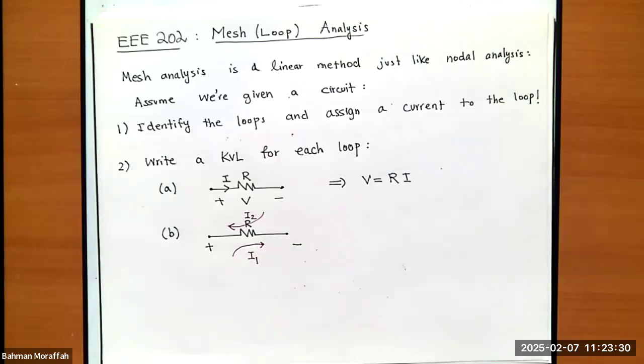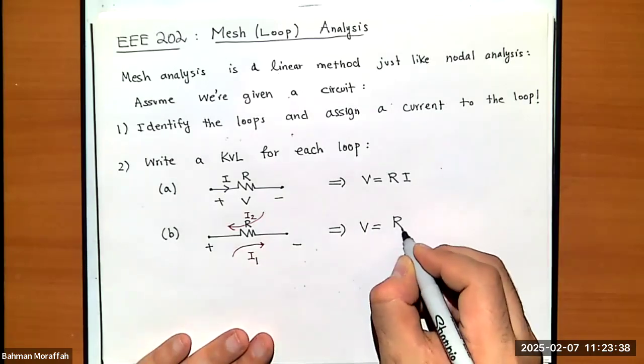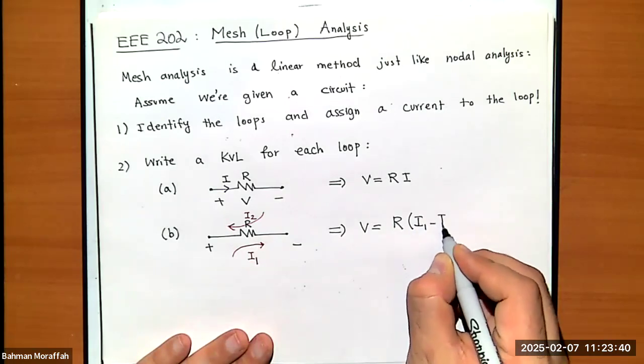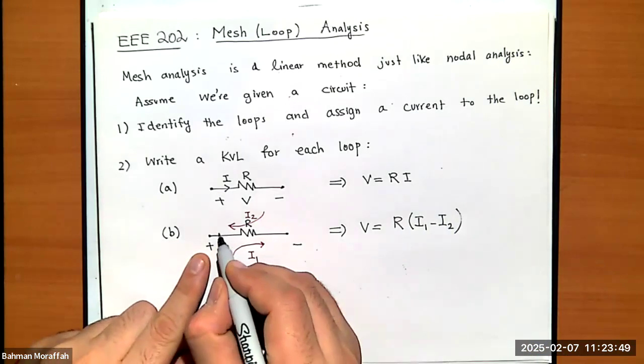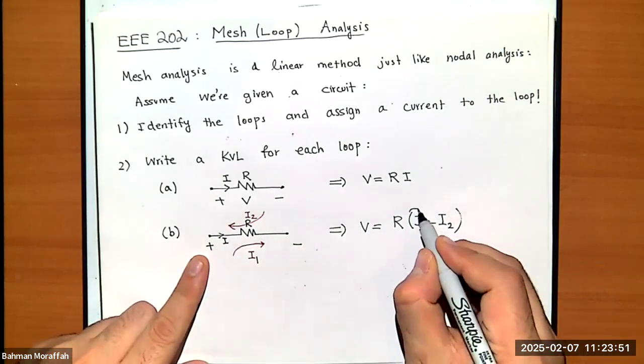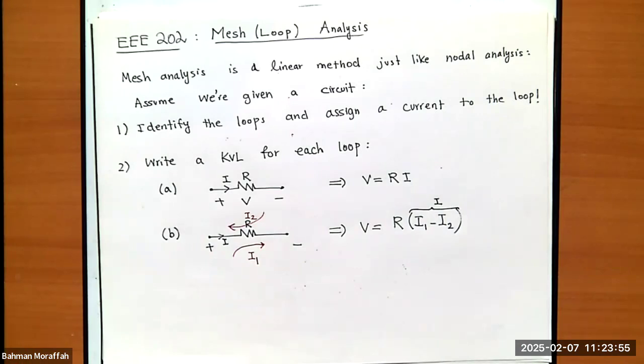One of them is going one direction, the other is going the other direction. The total should be the difference. So V here would be R times (I1 minus I2). Again, we still have Ohm's law, but this time the current through here, if I call it I, is I1 minus I2.